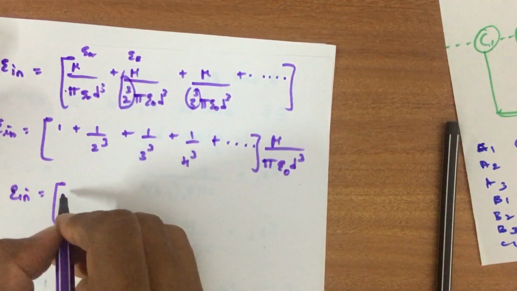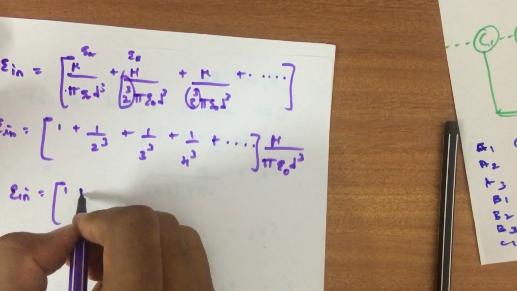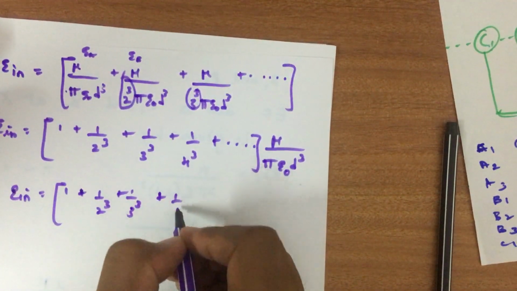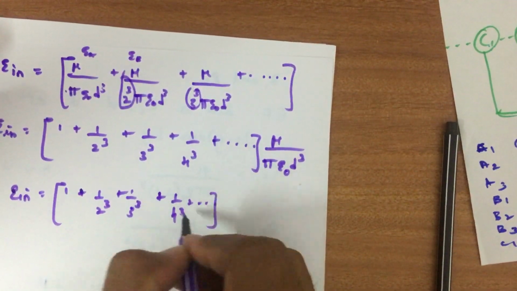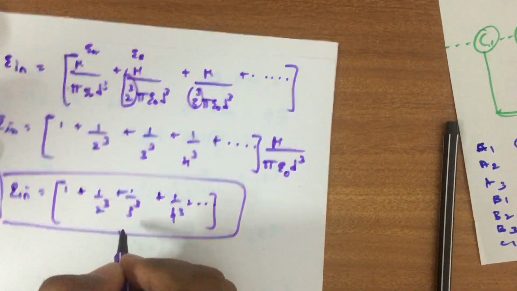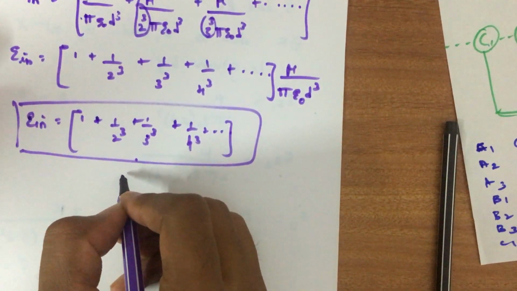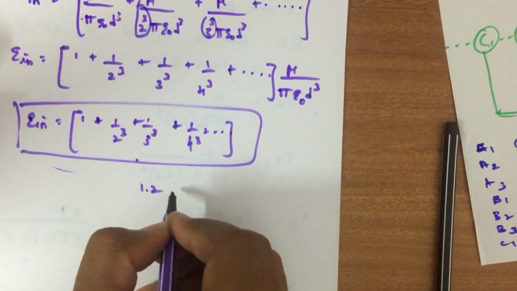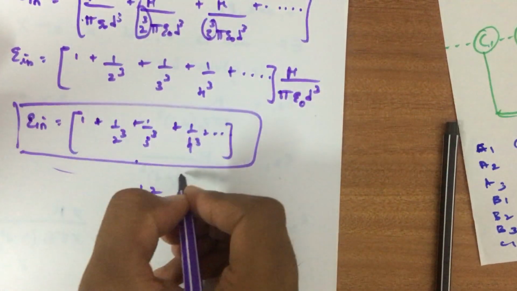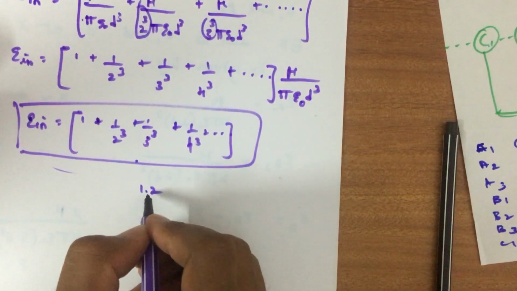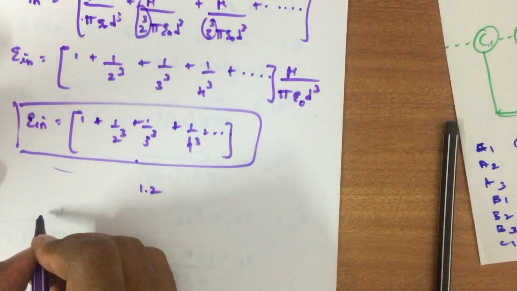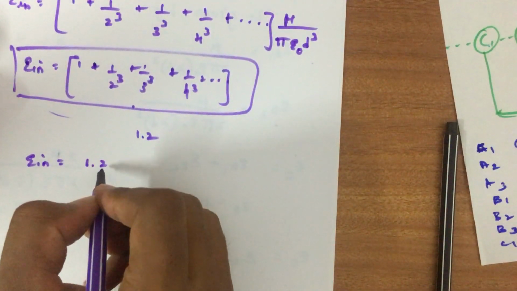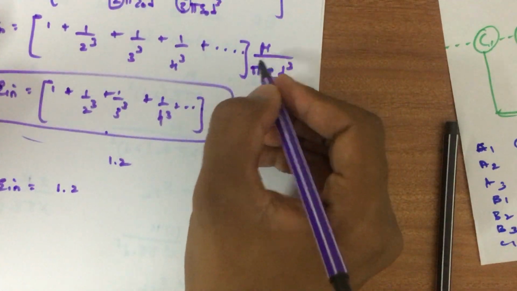EIN will be equal to 1 plus 1 by 2 cube plus 1 by 3 cube plus 1 by 4 cube and so on. So remember this term, the series of these we have found a solution. For this the solution is 1.2. Remember only for this series the solution is 1.2. Okay, so EIN will be ultimately equal to 1.2 and this mu term put as it is here.